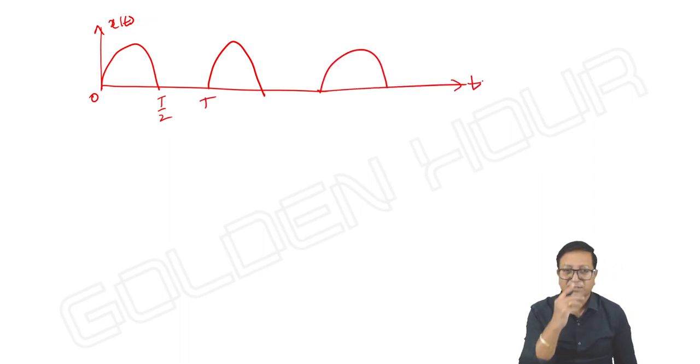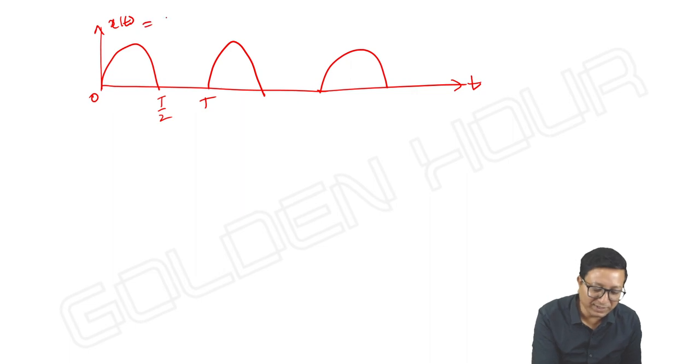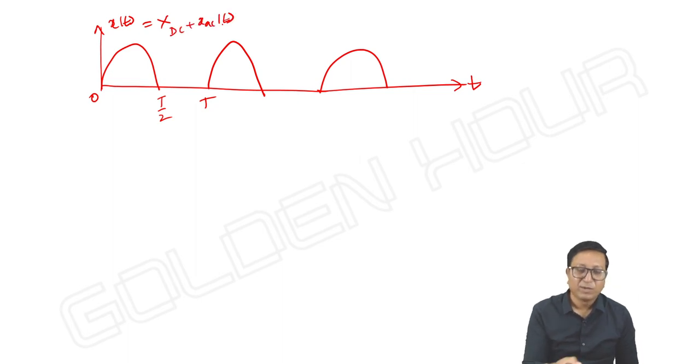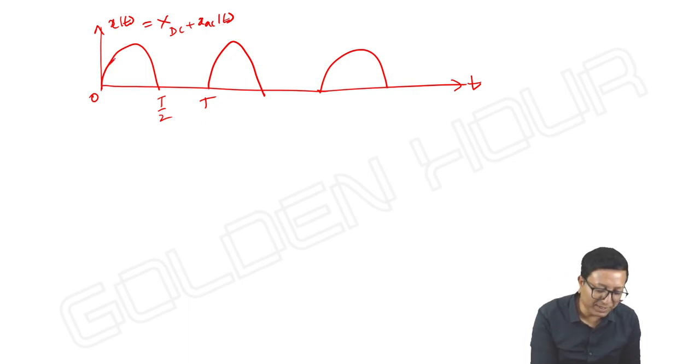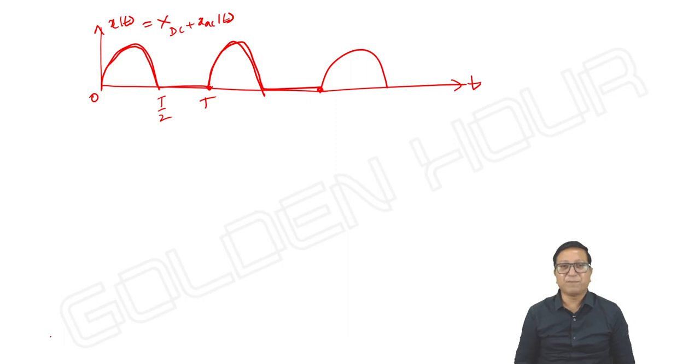I can express this also as a combination of DC and AC. What is its average amplitude? Average amplitude means, in a class, the marks of the students are varying like this, and the same thing is repeating here. So I would like to find the average amplitude.